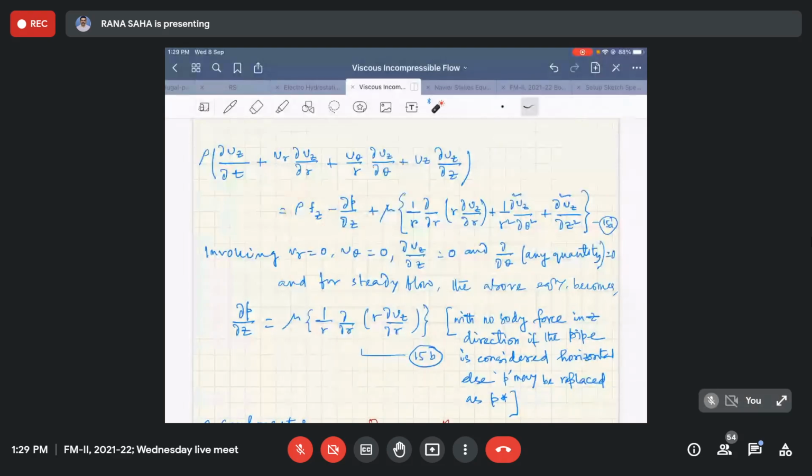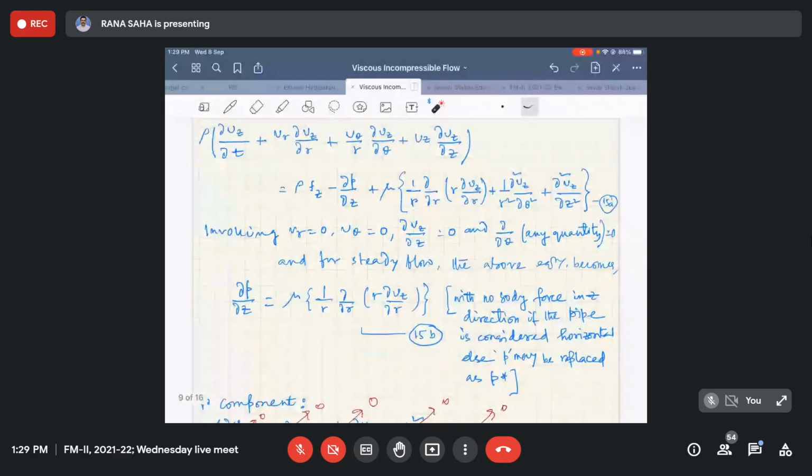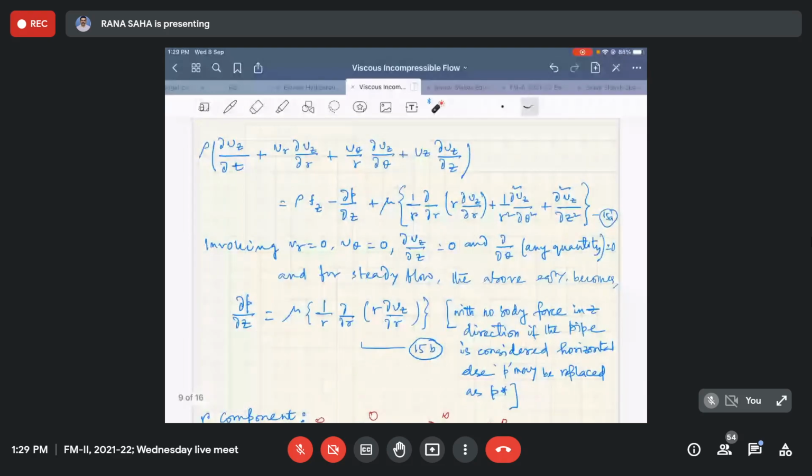So you may include it within the pressure term P, by expressing P as P star. I don't know if you can recall it. P star is the piezometric pressure. What is it? That is basically your pressure that includes the gravity term, or rho g h or rho g z, whatever you say, this term P plus rho g z. This complete term is basically the piezometric pressure, and the corresponding head is known as piezometric head.